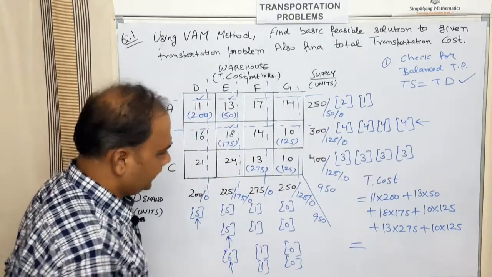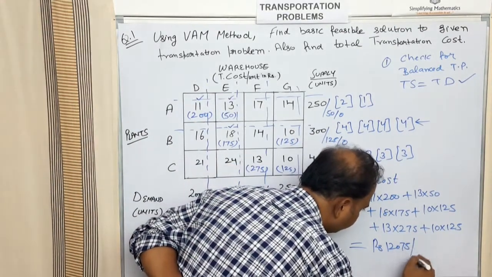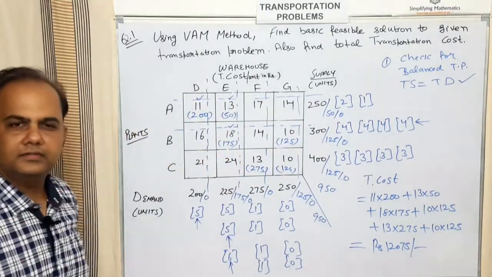If you add up all these values, this comes out to be rupees 12,075.